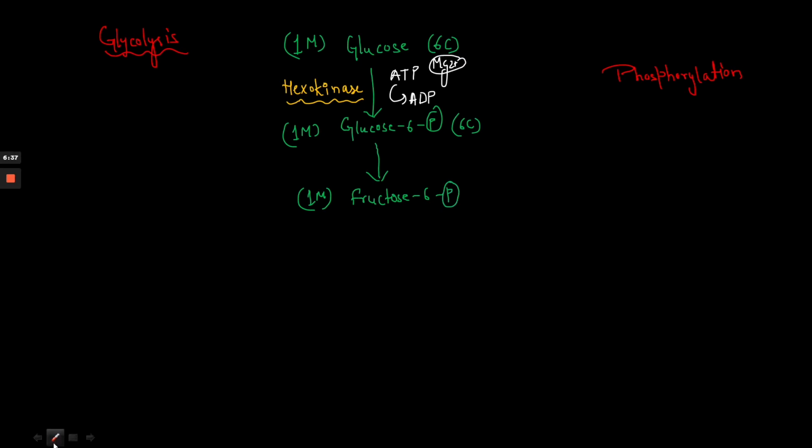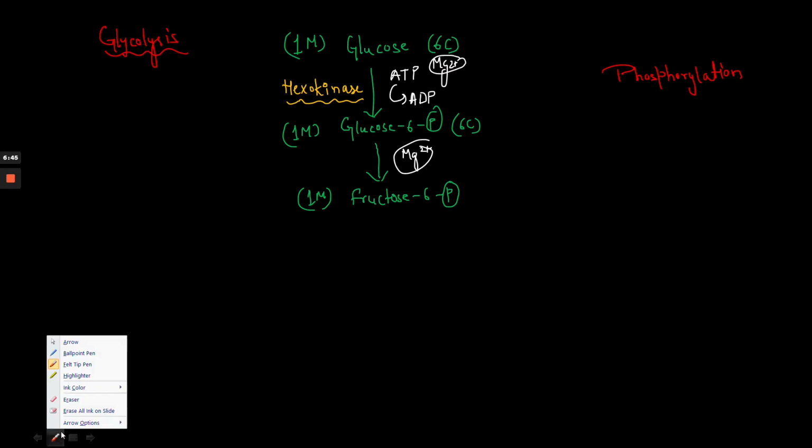Again in this step we will require magnesium, and since fructose is the isomer of glucose 6-phosphate, the name of the process is isomerization.